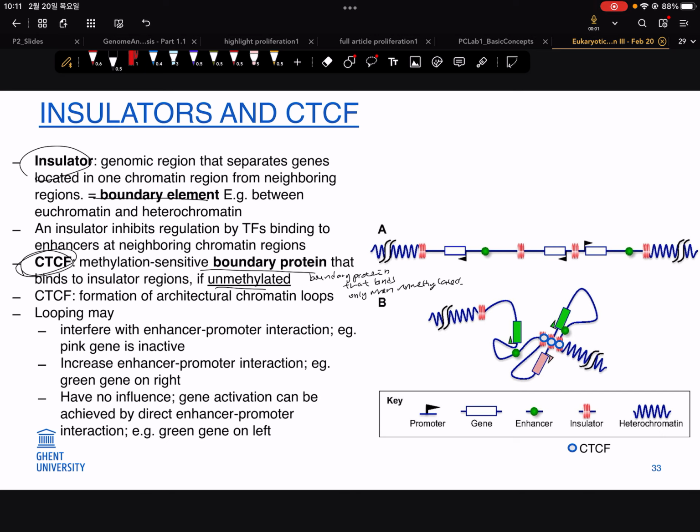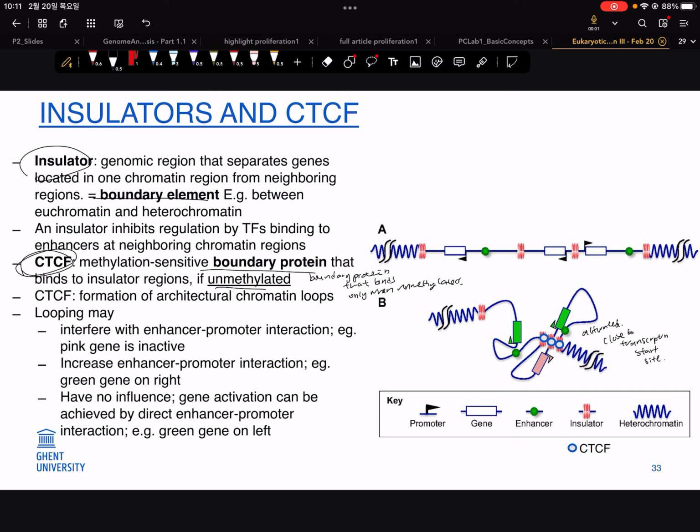So for example, the pink gene here is inactive because its enhancer element cannot interact with it. While this gene here is suddenly activated because due to the loop, this enhancer element is now very close to the transcriptional start site. So you can have a transcription factor binding here and activating RNA polymerase 2.